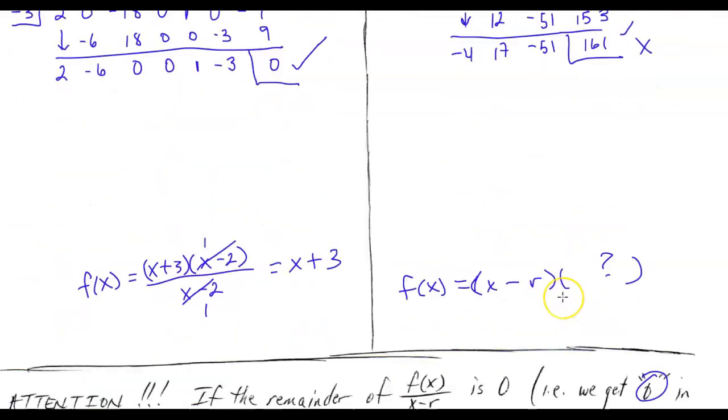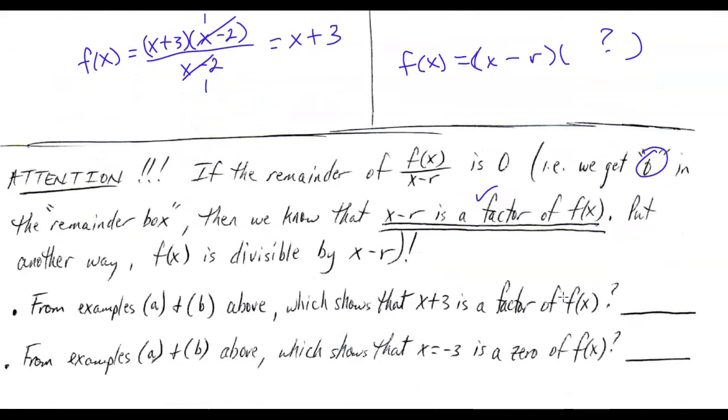So the point of asking these questions, from examples A and B above, is which shows that x plus 3 is a factor of f of x. Well, that was example A. Because x plus 3 is a factor, that factor goes to 0 whenever x is equal to -3.